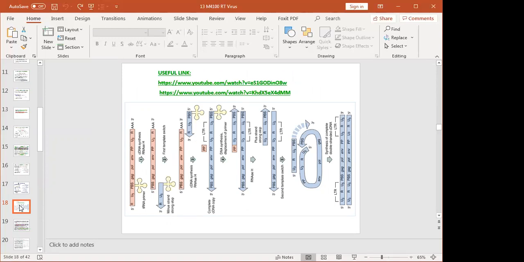U3 and R regions of the positive RNA will be degraded, PP remains there, and then we continue making the 5' end of the proviral DNA. This includes U3, R and U5.